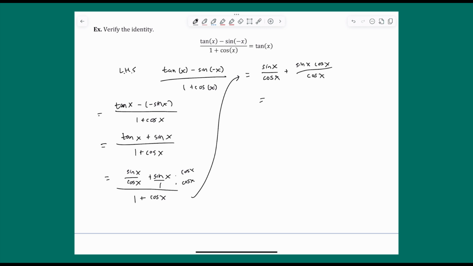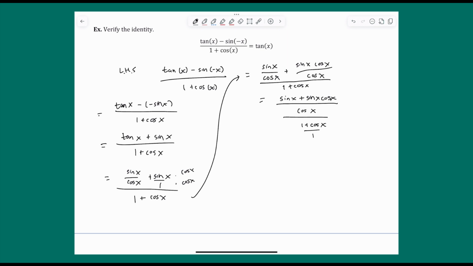So this way I get sine of x plus sine of x cosine of x. By the way, this is all over 1 plus cosine of x. Can't just drop that. That's still there. Okay, so we're left with sine of x plus sine of x cosine of x all over cosine of x, and this is all over 1 plus cosine of x.